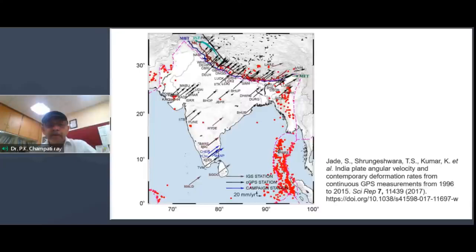And over a period of time, what we see for the Indian plate, at several locations attempts have been made. This is a paper which is published in Nature Scientific Reports, one of the very important reputed journals, as you know, and the Indian Institute of Science team and other Indian scientists also have come up with similar results.